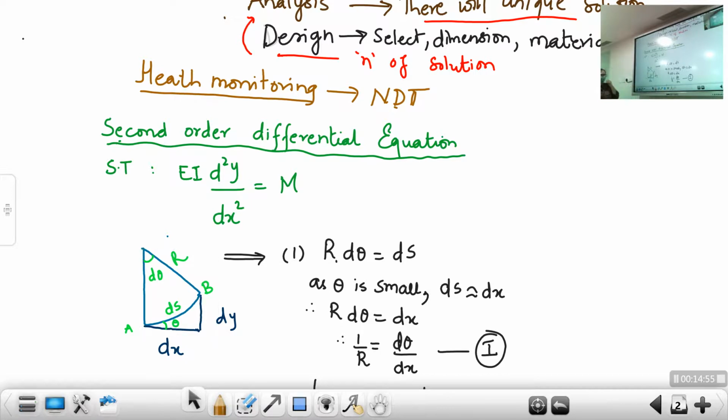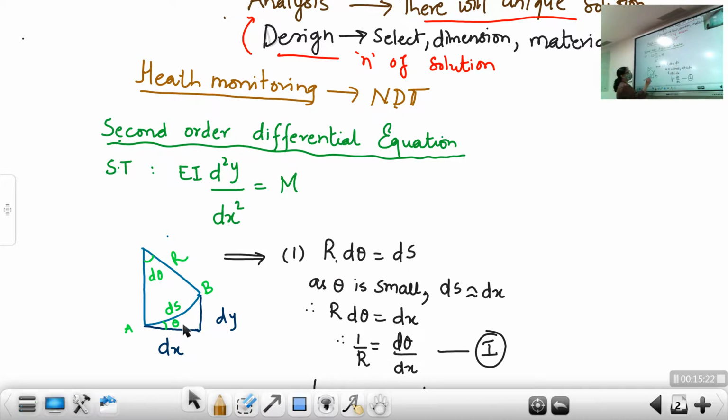Okay. So when we take this small portion of the beam AB, let the radius of curvature be r. Let the angle at which it bends be d theta. So you know that the length ds is r d theta. So you get r d theta is equal to ds. That's the first equation.